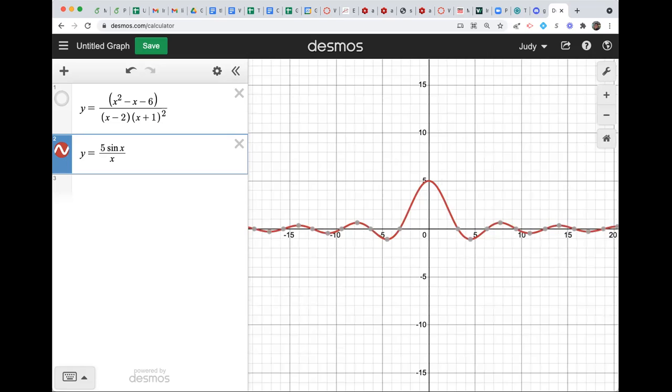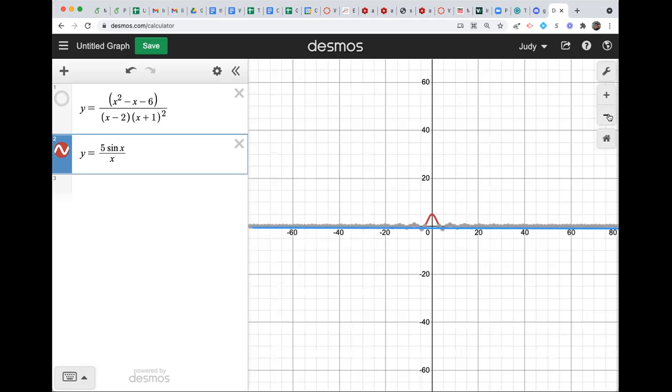If I were to draw in the horizontal asymptote, that blue line crosses the red curve a lot of times. In fact, it probably crosses more than 10 times in the picture we're looking at, which means that if we zoom out even further, that blue line would continue to cross a bazillion times.